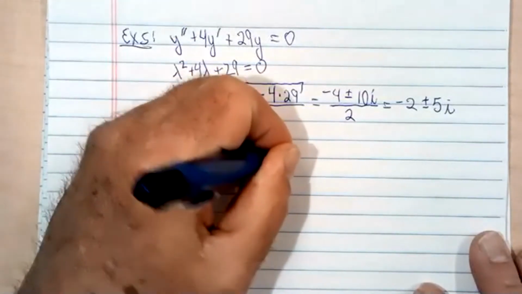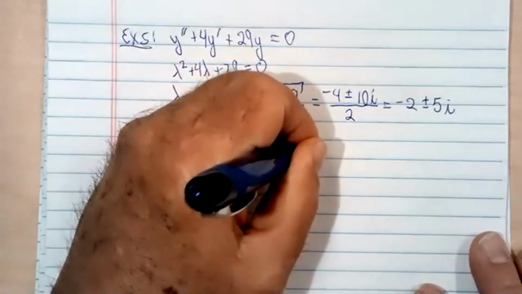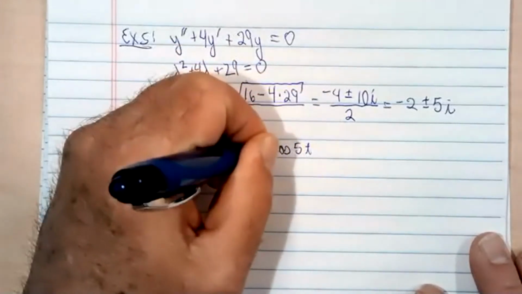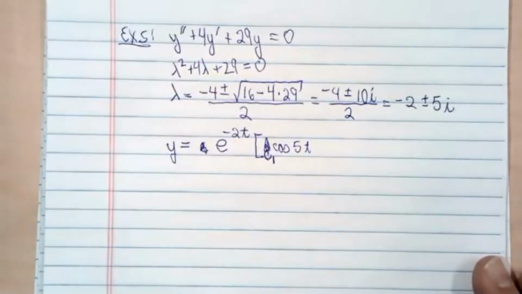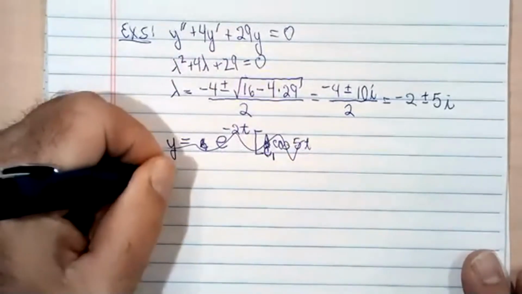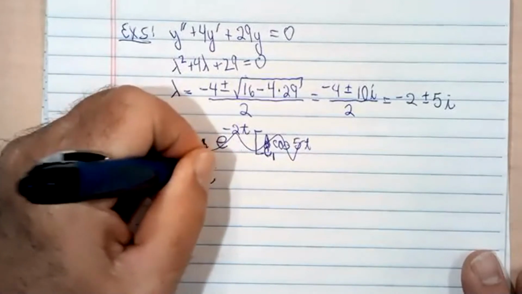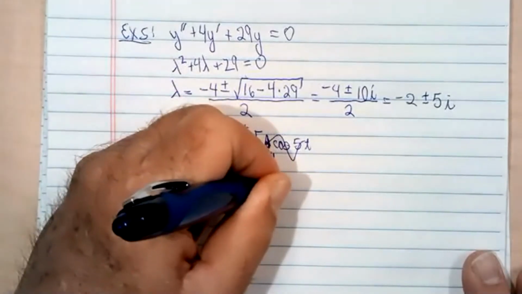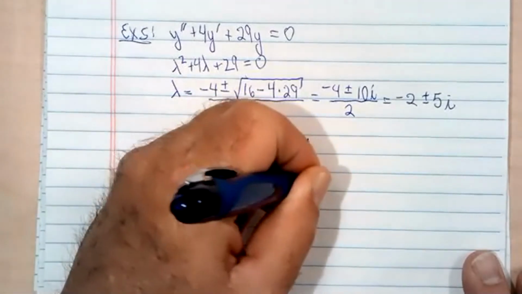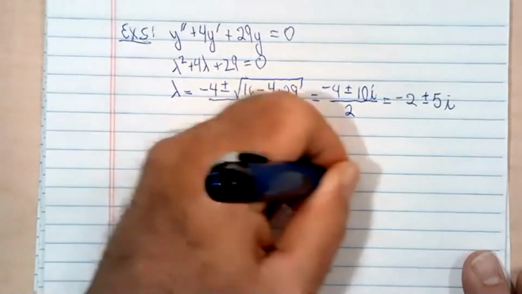A cosine 5t, maybe I shouldn't say a here, maybe I should say c1, because I don't want that to get confused with a matrix. Yeah, what a mess. Y equals e to the minus 2t times c1 cosine 5t plus c2 sine 5t.